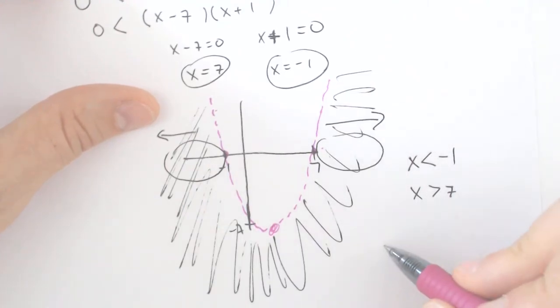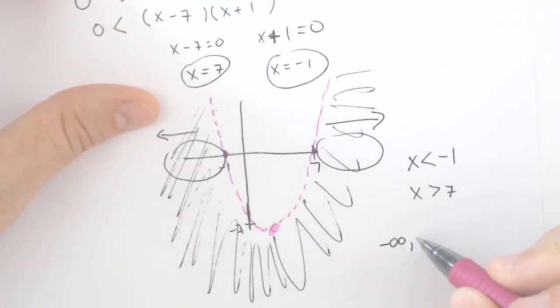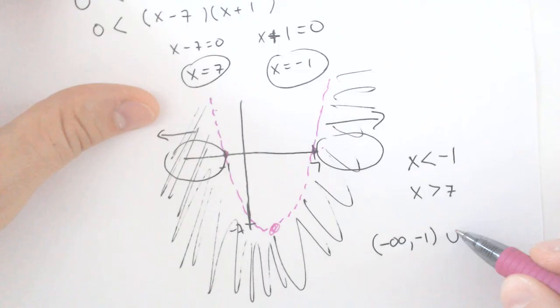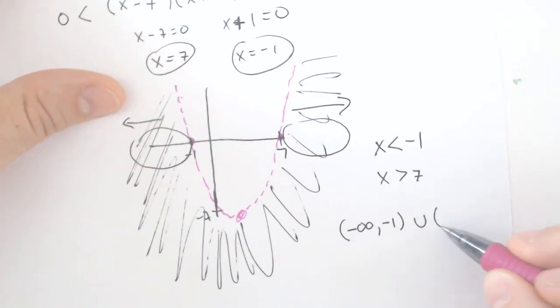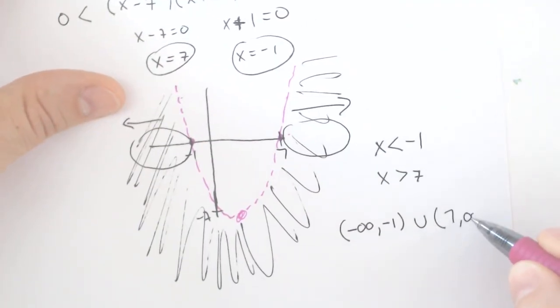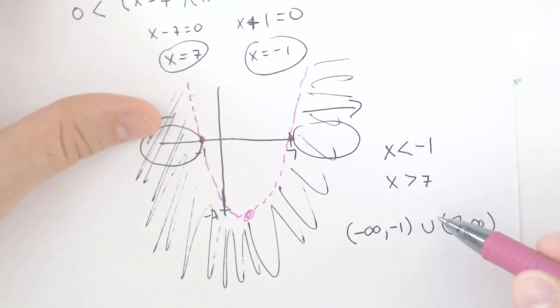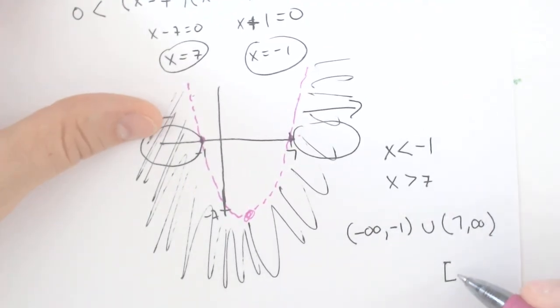You could also say -infinity up to -1, parentheses around both because it does not equal it, and, which would be a union, from 7 to positive infinity. Parentheses because it does not equal it. If it equaled it, you would use the bracket. So if it actually equaled 7, which it doesn't, you would use the bracket. It doesn't, so that's gone.